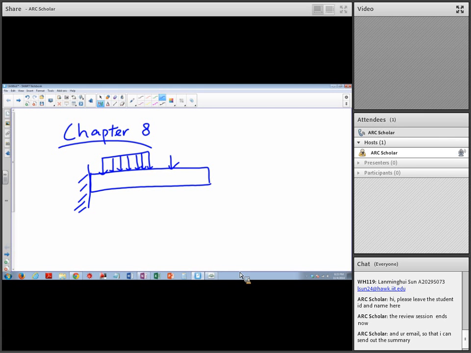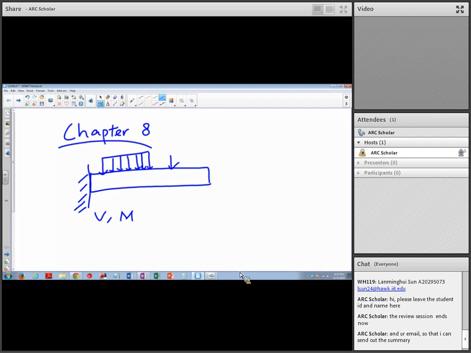That's what we did in chapter 7. Are you guys okay with chapter 7? Yes. From chapter 7, we can look for the shear force V and the moment M at any point of the bar. That's chapter 7.